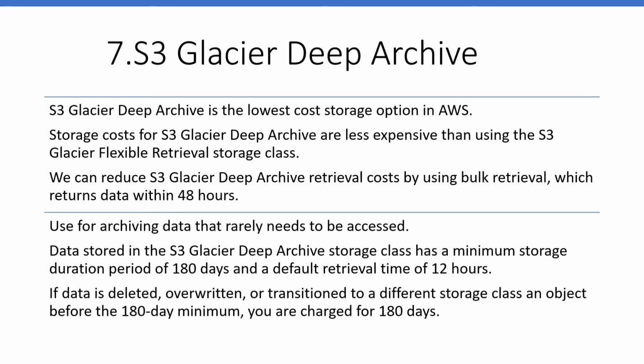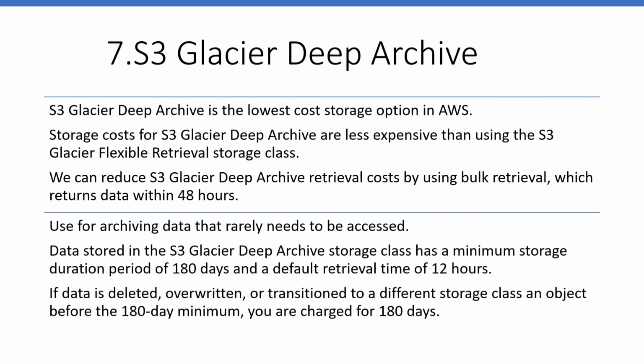If we are going to store data which is infrequently accessed, but when we need it on an instant basis, there are two options for that: S3 Standard IA and S3 One Zone IA, infrequently accessed.